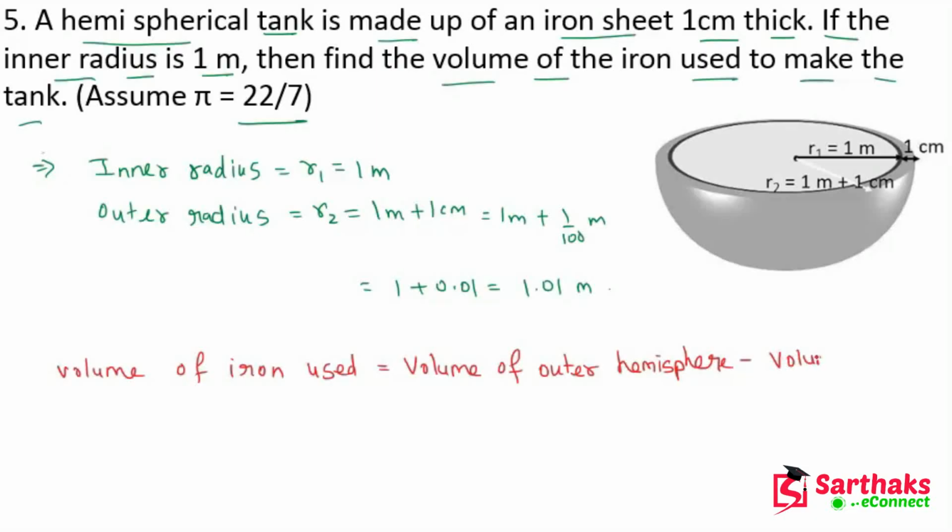So the volume of the outer hemisphere is 2 upon 3 pi r2 cube, minus the same, 2 upon 3 pi r1 cube. Got it?